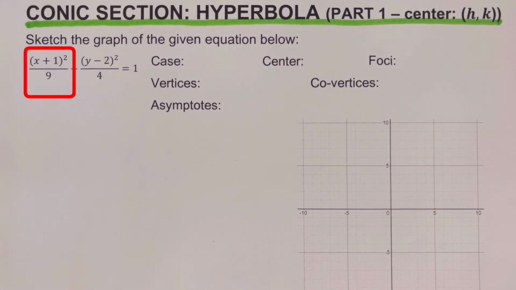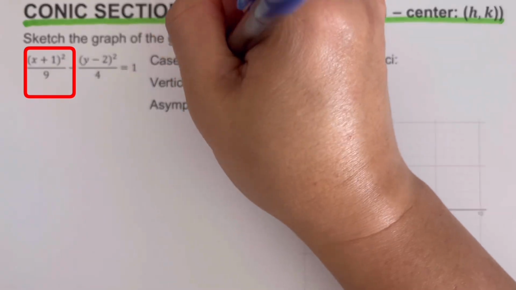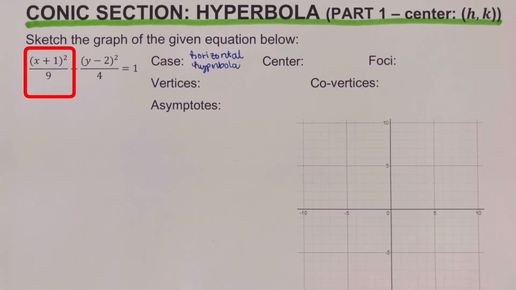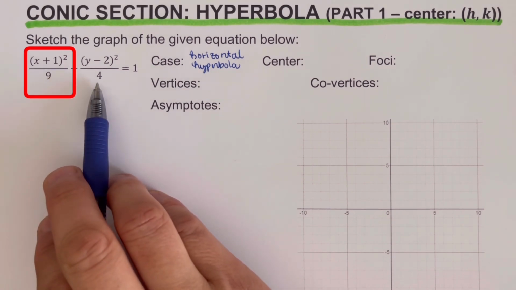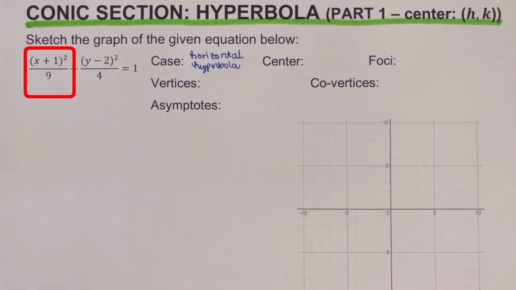This tells us that this is an example of a horizontal hyperbola. So I'm just going to go ahead and write that up here. Now we remember that whichever has a positive quantity, we take its denominator as the a squared. And so this tells us that 9 is our a squared and 4 is our b squared. So we're going to go ahead and solve for a and b.